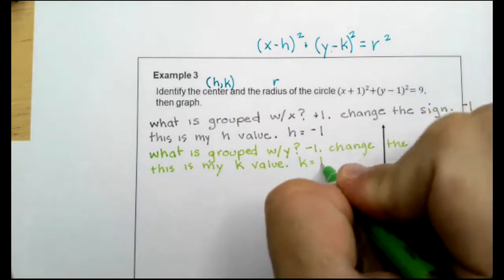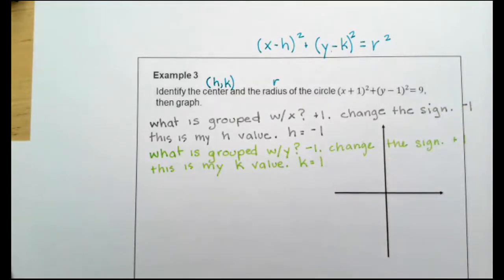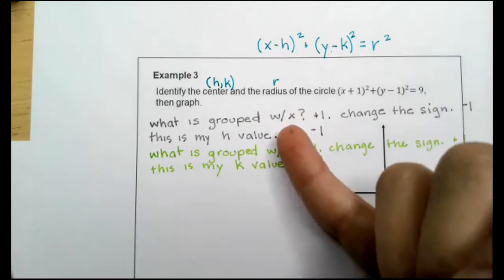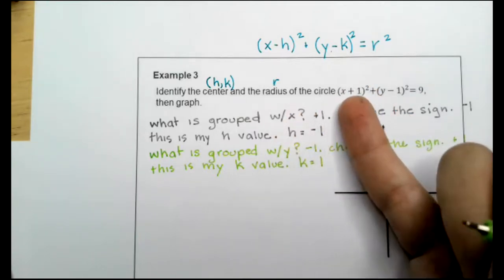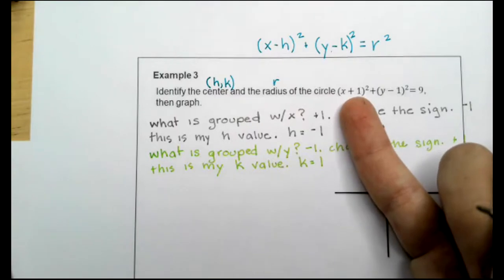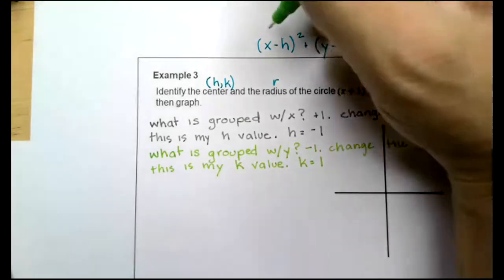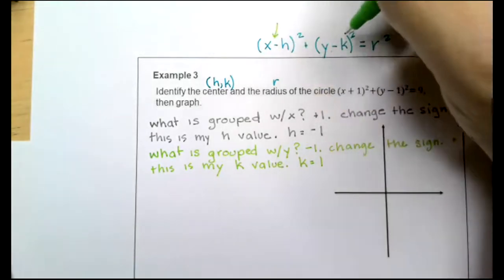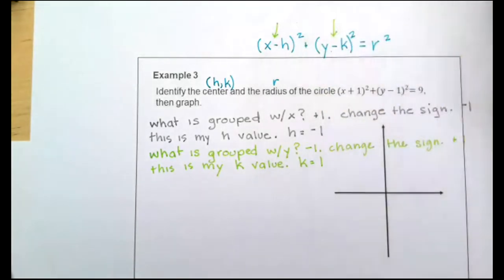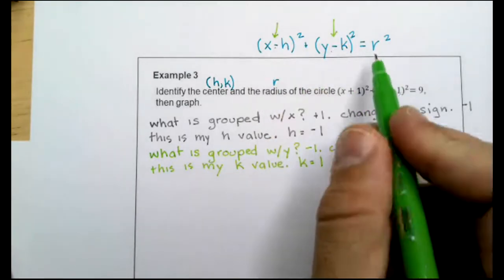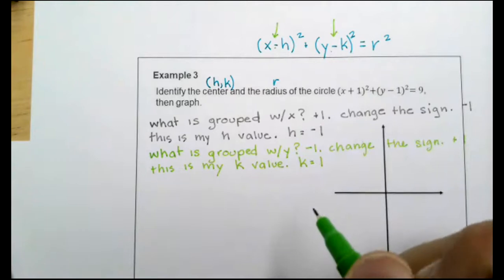K is 1. It's important that you think about it and look at each step, because it's very easy to say that h is 1 and k is negative 1, but it isn't because of these subtraction signs. So that means it's actually the opposite sign, right? If it's a positive 1, it becomes a negative 1. If it's a negative 1, it becomes a positive 1.